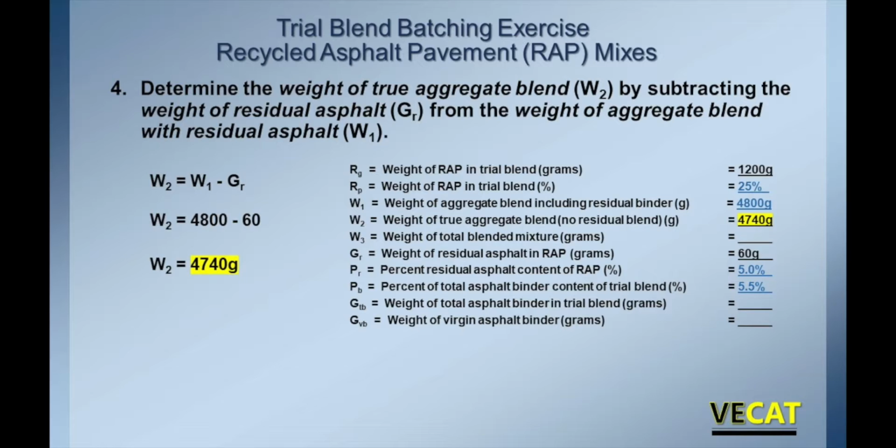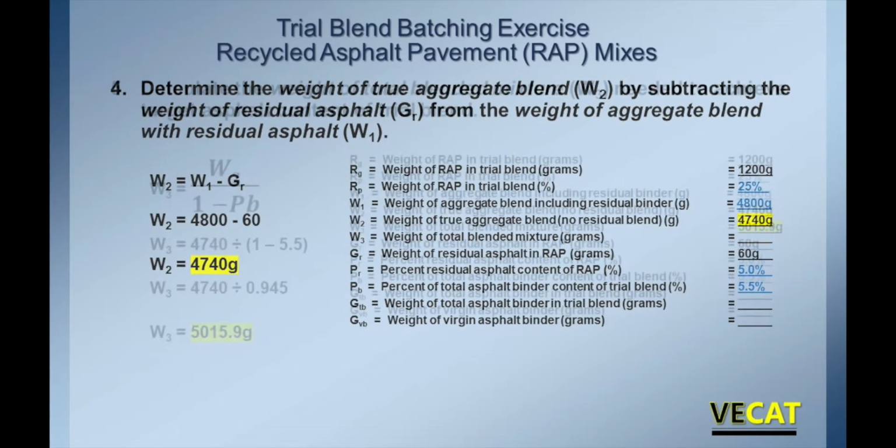So now we're trying to come up with how many grams of total virgin aggregate or aggregate is actually in the sample. So we're going to deduct 60 grams, which was the residual AC in our wrap, from 4,800, and that's going to give us 4,740 grams. This is the total aggregate in the sample, and that's including aggregate that's in our wrap.